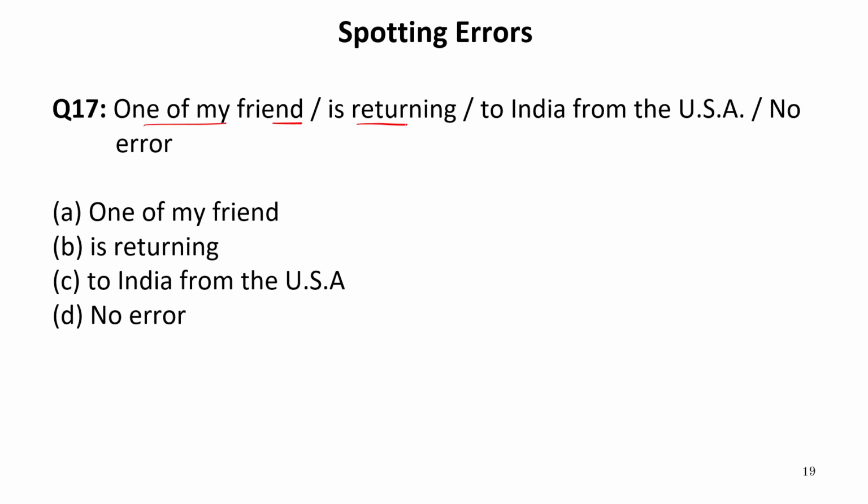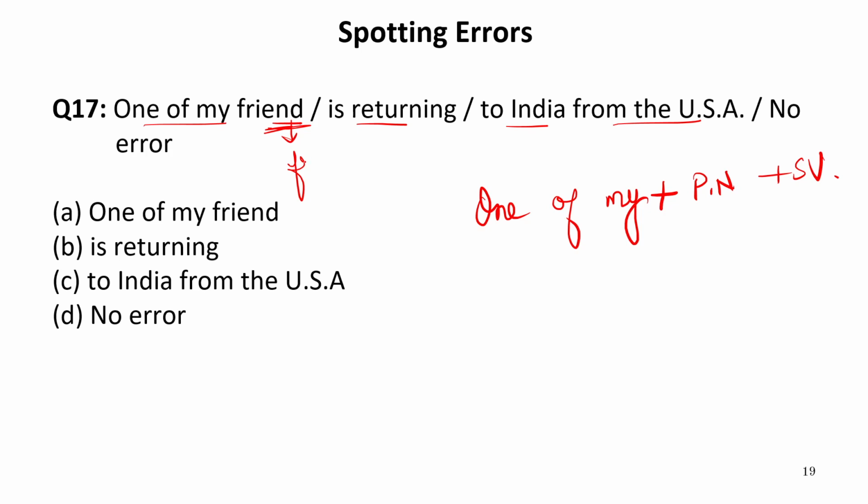One of my friend is returning to India from the USA. Now, whenever we use one of my or one of the, it should be followed by plural noun and singular form of verb. So we need plural noun over here. It should be friends, not friend. If logically we see, we can take out one from many. We cannot take out one from one.